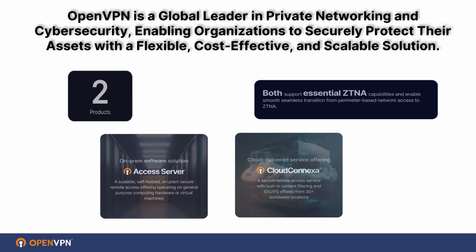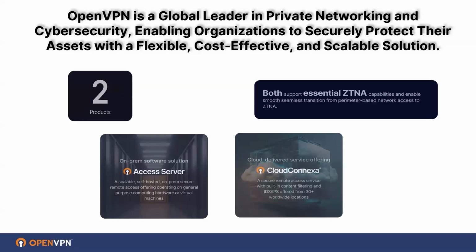At OpenVPN, we have two products. Cloud Connexa is our managed solution that enables secure, segmented access to company resources without exposing your entire network. It basically allows organizations to enforce strict access controls, ensuring users and devices only connect to what they need. And then Access Server, the product that we're going to talk about today, is our self-hosted VPN solution that enables secure remote access while allowing administrators to implement policies that align with zero trust principles like user authentication, access controls, and encryption, and so on.